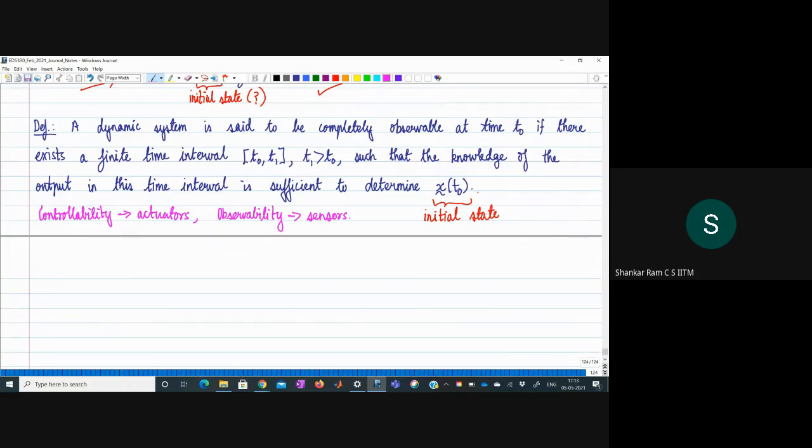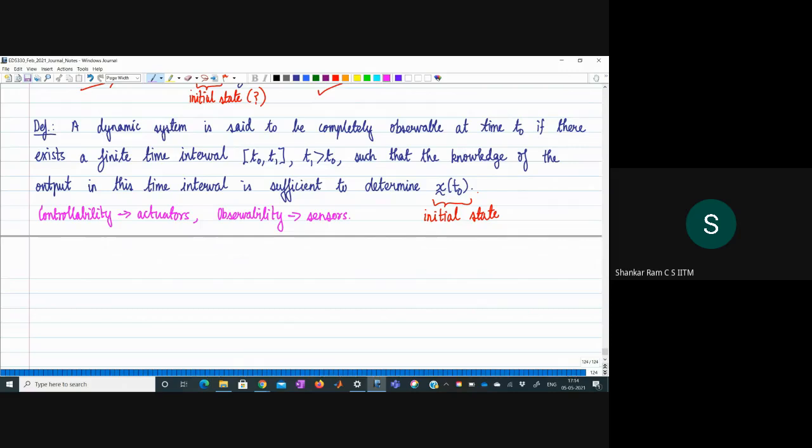So once again, to summarize, there are broadly three structural properties: stability, controllability, and observability. Controllability is connected with controller design using the state space representation, so essentially it helps us in choosing actuators, from a physical perspective.